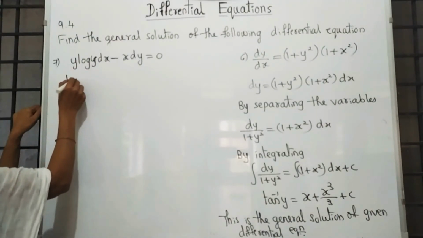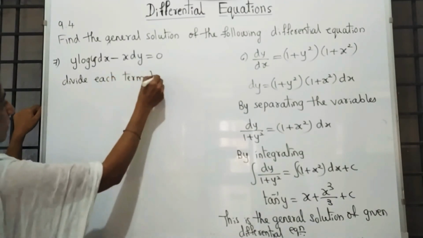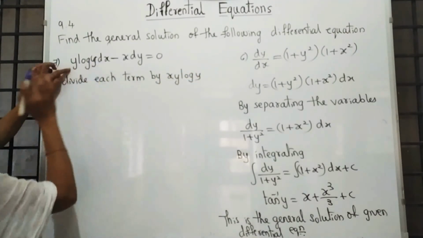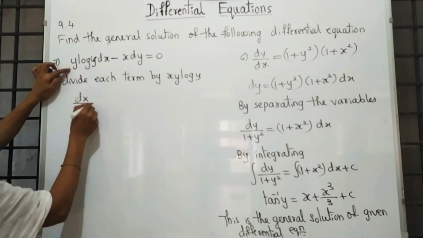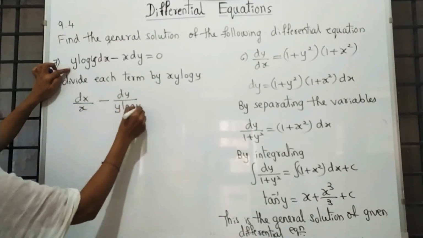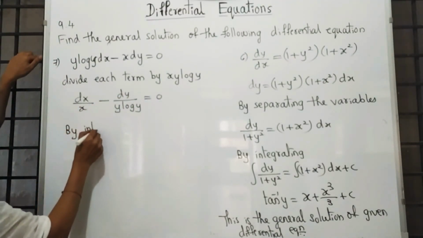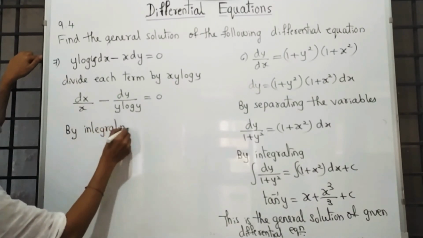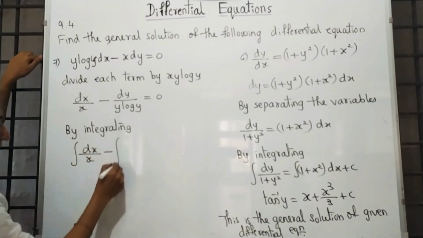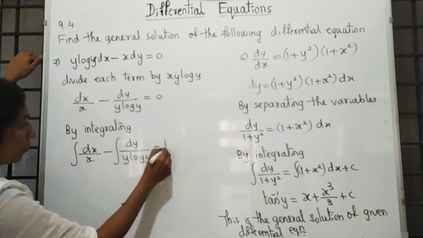So I am writing, divide each term by xy log y. If you divide, y log y gets cancelled in the first term, giving dx by x, and here dy upon y log y is remaining, is equal to 0. Next, by integrating, dx upon x minus dy upon y log y is equal to log c.